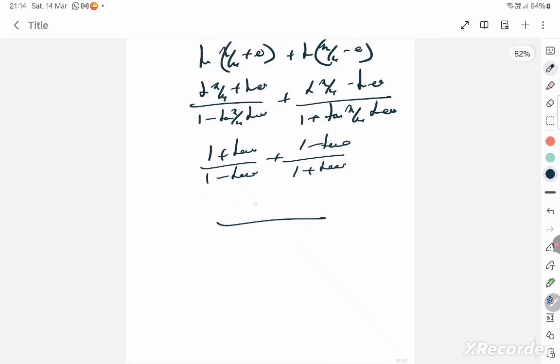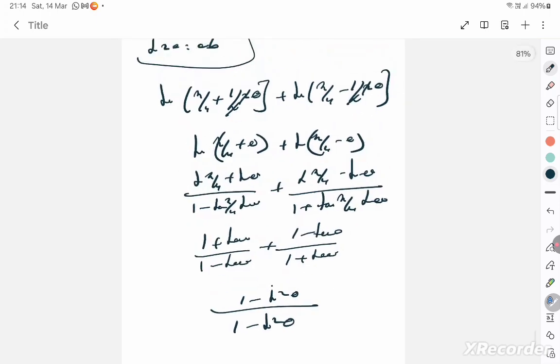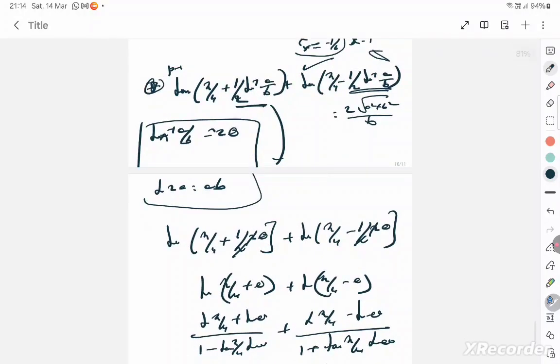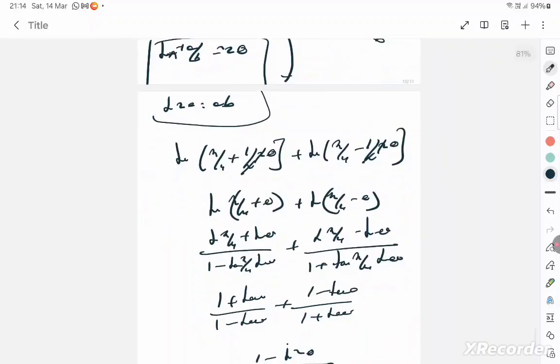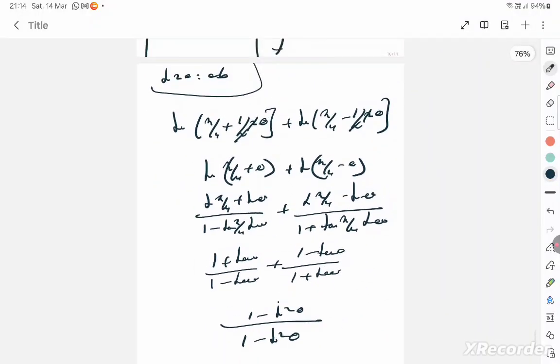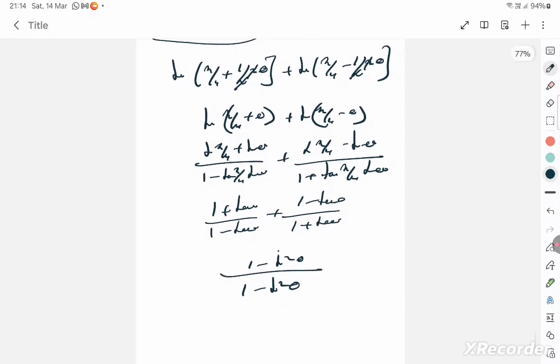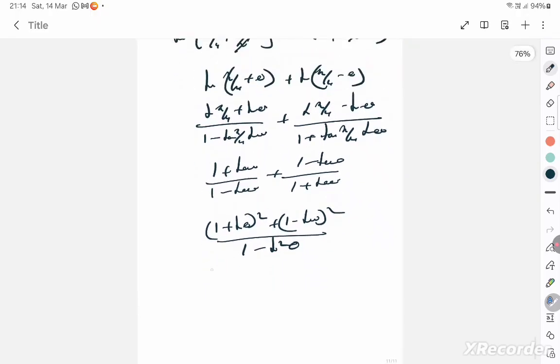When you take the LCM, the denominator is 1 minus tan square theta. In the numerator, it's 1 plus tan theta the whole square plus 1 minus tan theta the whole square. Expanding, it's 1 plus 2 tan theta plus tan square theta plus 1 minus 2 tan theta plus tan square theta, by 1 minus tan square theta.